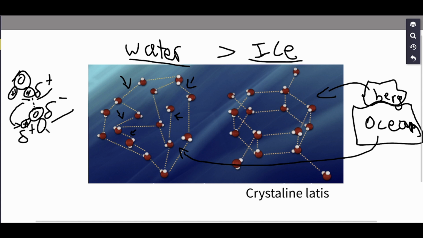Again, they repel, right? That's basic chemistry, basic charges. Like charges repel. So that's what would happen when this hydrogen came across this one. They would repel each other, right? Until this hydrogen finally finds a compatible oxygen atom that it can hydrogen bond with, right? And that's how the entire structure of water is formed.